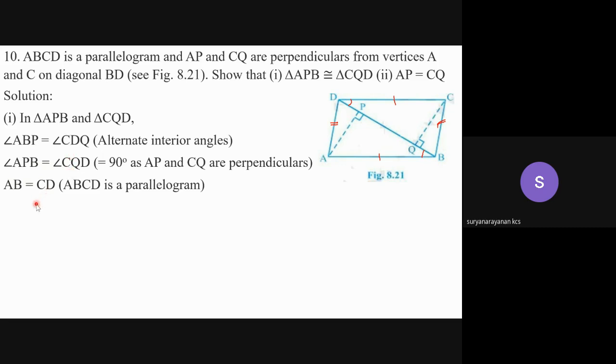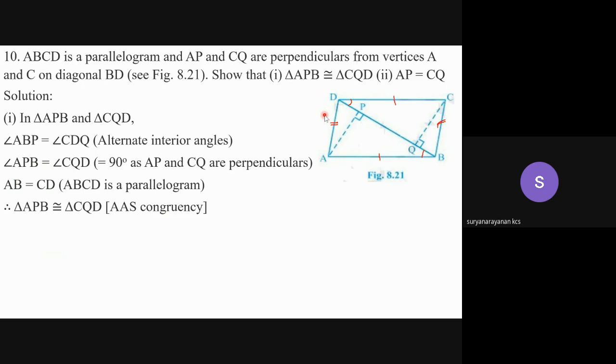By which criteria can we say that these two triangles are congruent? AAS. Therefore, triangle APB is congruent to triangle CQD by AAS congruency criteria. So, the first part of this question is over.